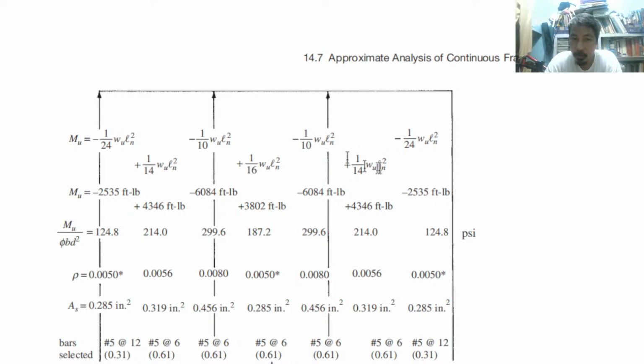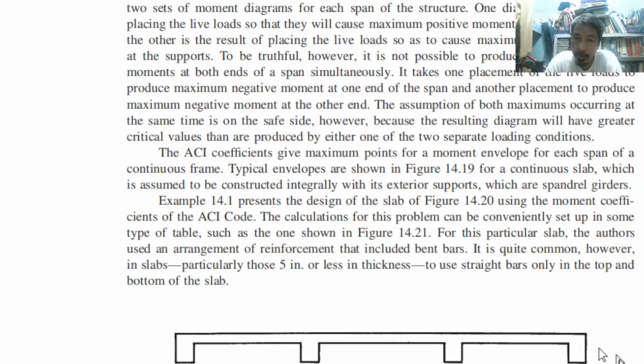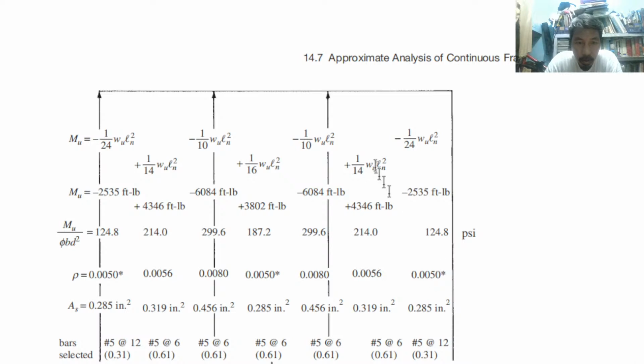Okay, 1/14. We do not have a given cantilever, so we do not have 1/11. So for the positive side, there are 3 of them. So 1/14, 1/16, 1/14. Okay.